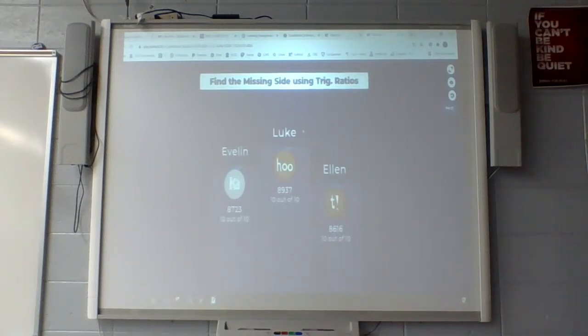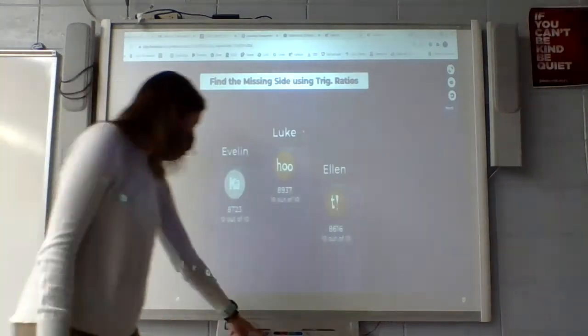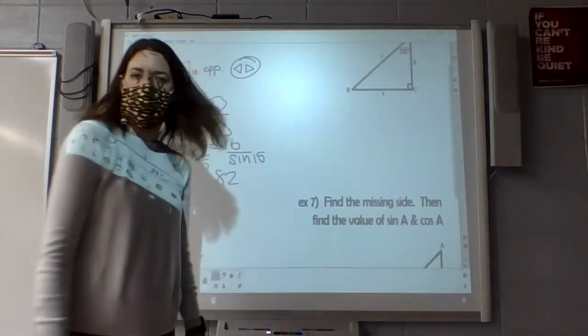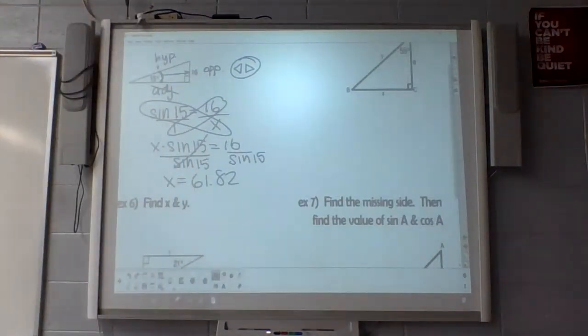Participation trophies. Everyone up? Would you like to come grab one after you guys can? There's some random other things in there.